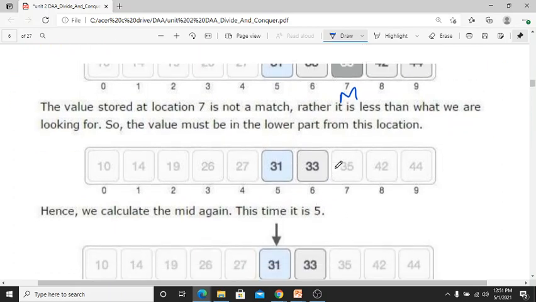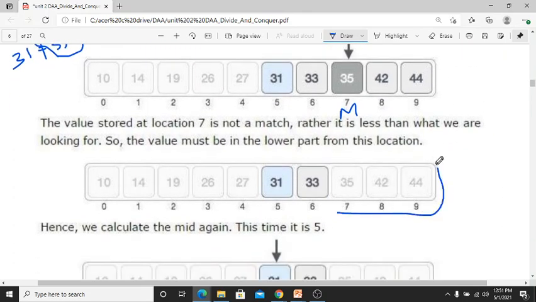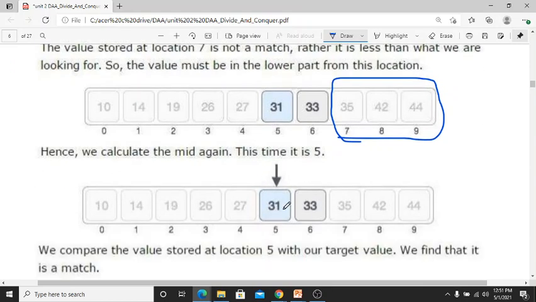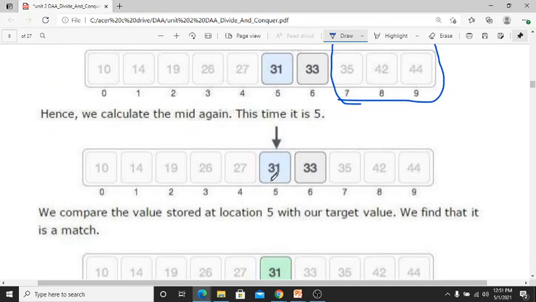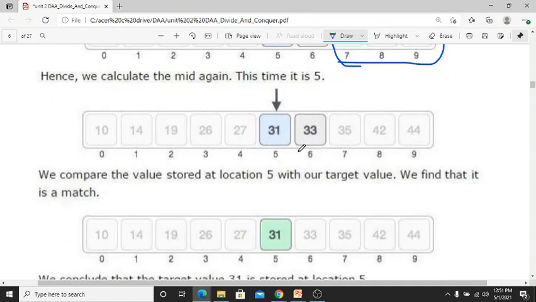From the subarray, again we are removing this part, because whatever I am looking for is not in this part. How do I know this? Because our data is in sorted order, so we are coming to the left side. So what is our value now? Here 5 and 6. 5 will be low, and high is 6.